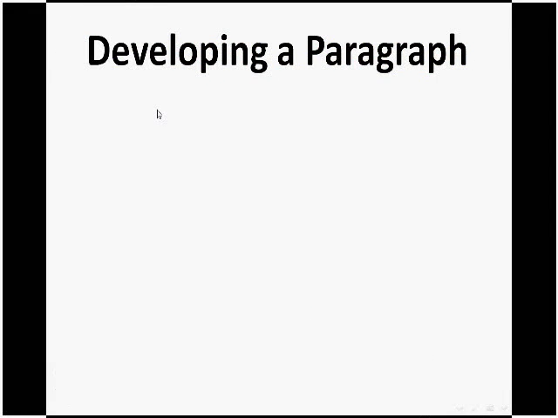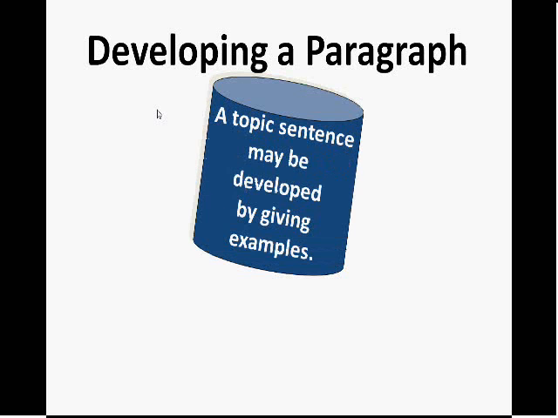Then developing a paragraph. Of course, when you start writing a paragraph, how do you develop it? How do you explain it more? How do you write more about whatever you are writing? A topic sentence may be developed by giving examples.